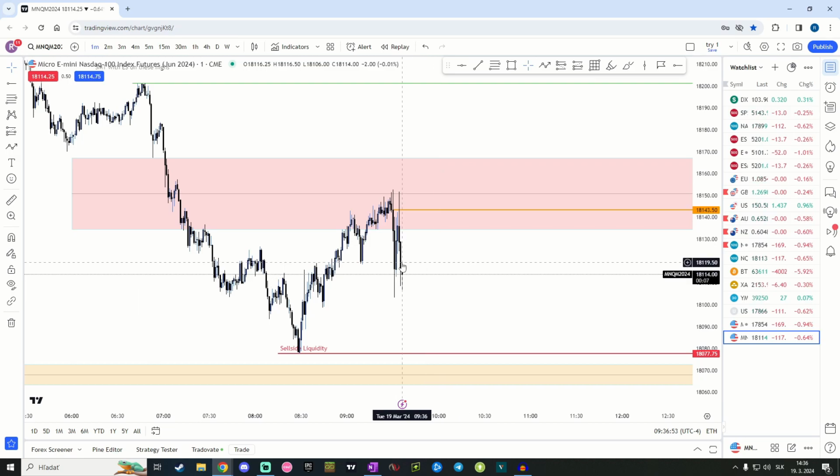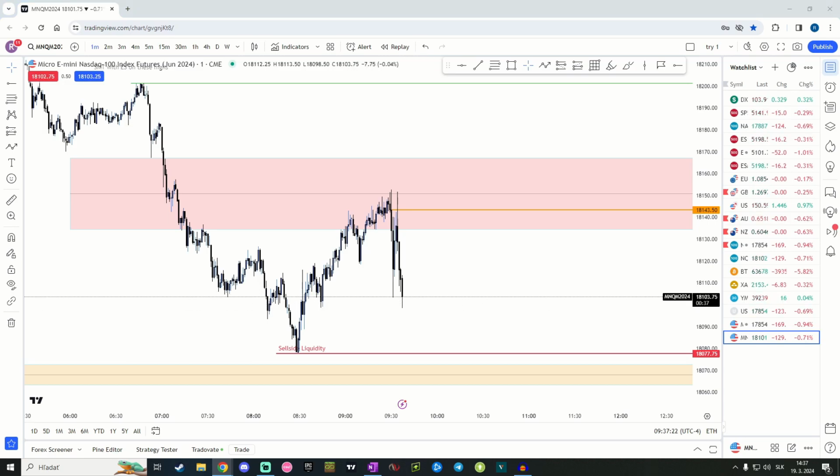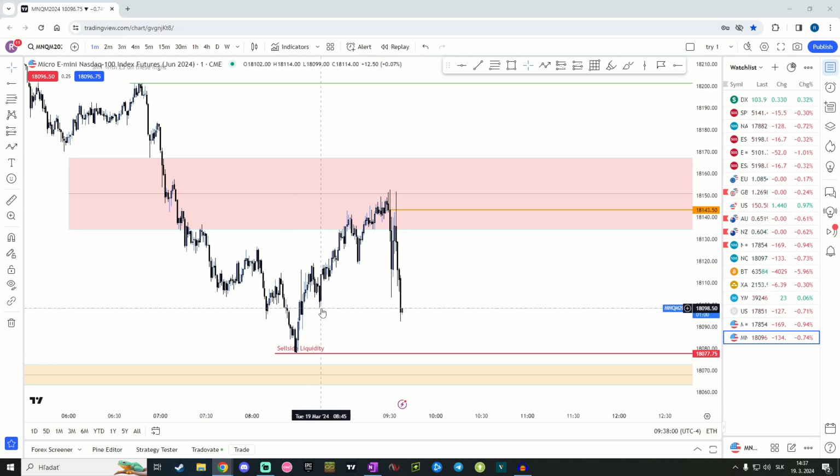There is a small CB here, also on the 1 minute. I'm not sure if I should be trying this one. ES is also slowly building down. We have taken out another low here.